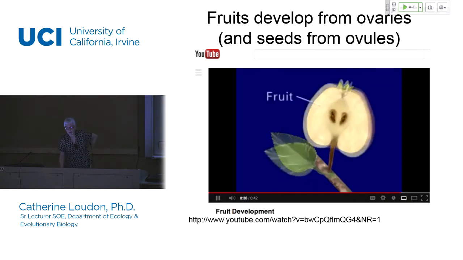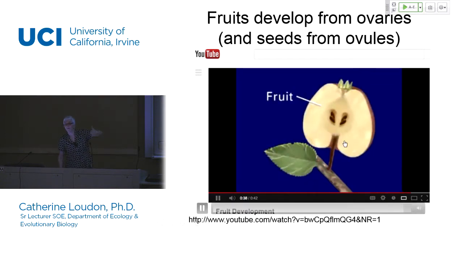And so, of course, this is again in cutaway view. This is just so that you can see the inside of the fruit. This is supposed to represent an apple. And so the fruit is then surrounding the individual seeds. And so the endosperm and so on is tucked inside these individual seeds, and the number of seeds that you end up with depends on how many successful sperm reached how many eggs within the different ovules and how many ovules there were and so on.